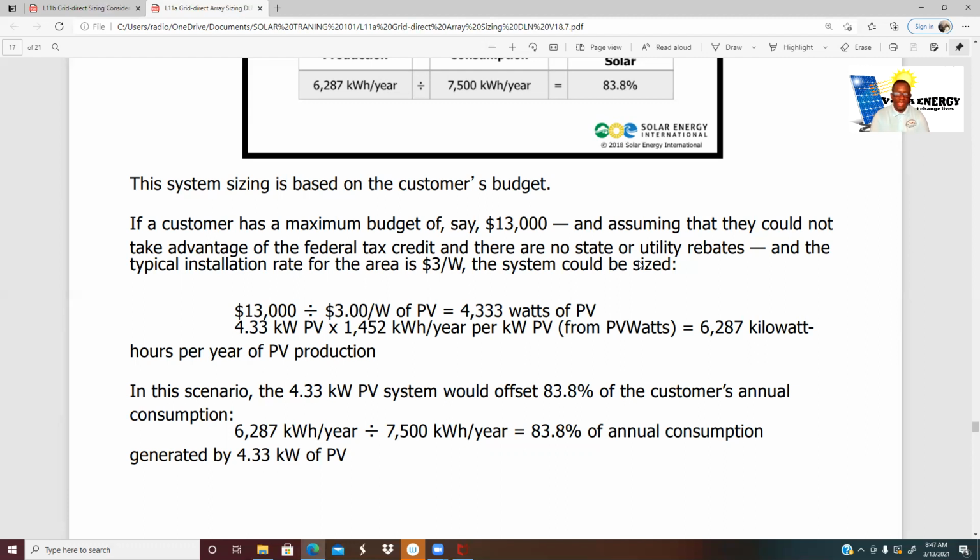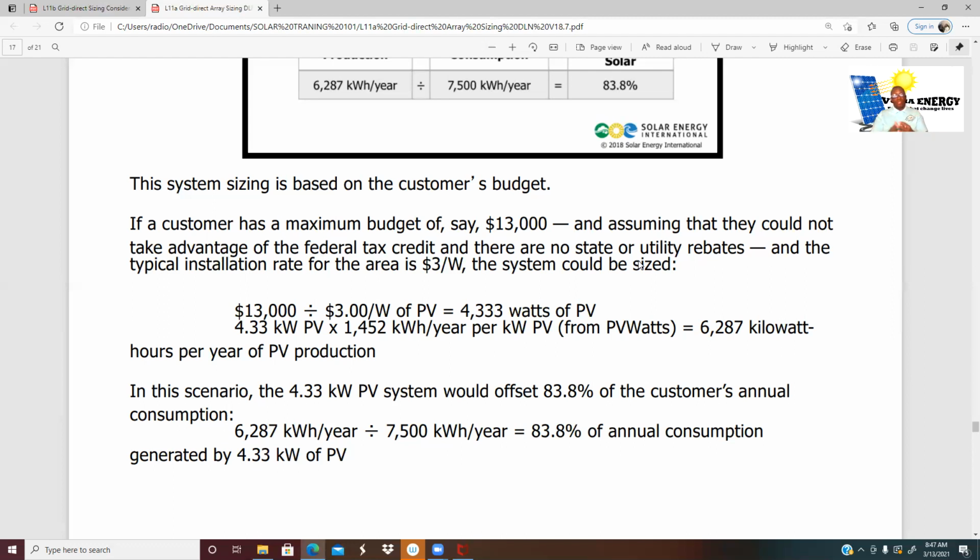Every installer has to have an installation rate. For example, we currently have a project, and that project has an installation rate. How do we determine the installation rate? Take the total project, say for example the whole project is $15,000.